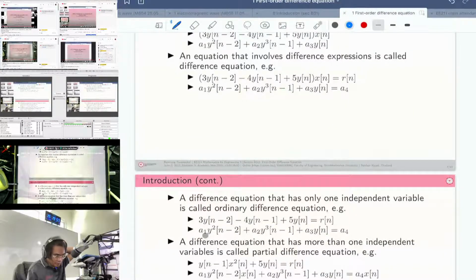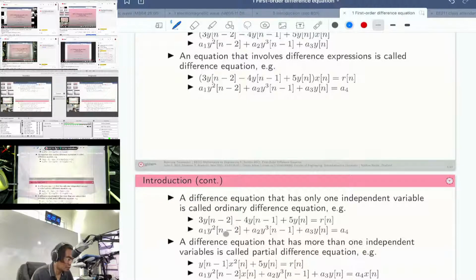Of course, the coefficient here is not an integer, it is an unknown constant, right? We're going to say it's ordinary difference equation 2.